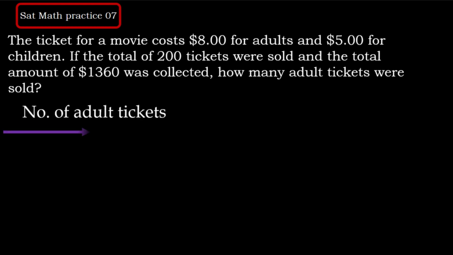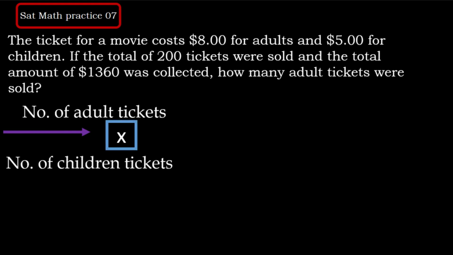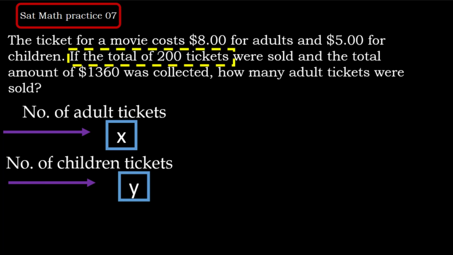Let adult tickets be X and children tickets be Y. The total is 200, so the equation is X plus Y equals 200. The second equation is about the amount of dollars, 1360.